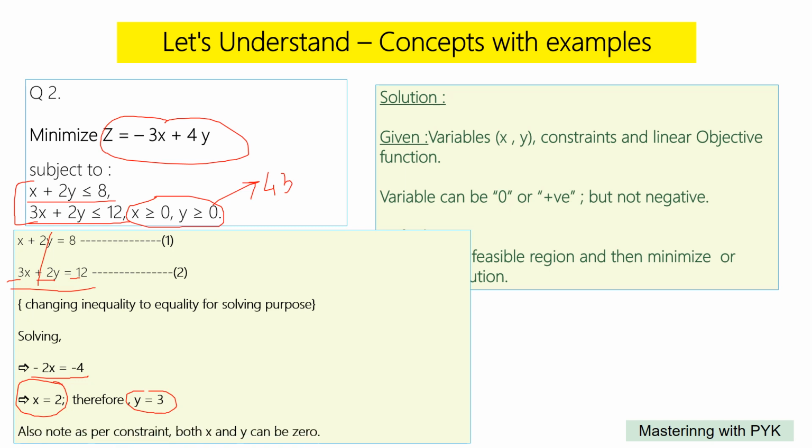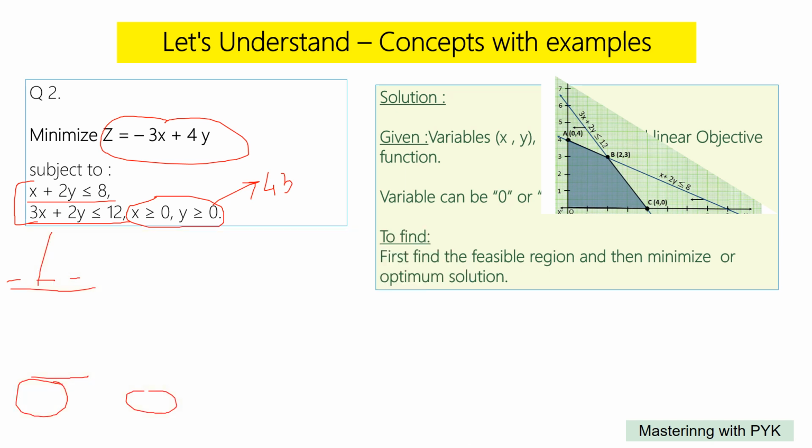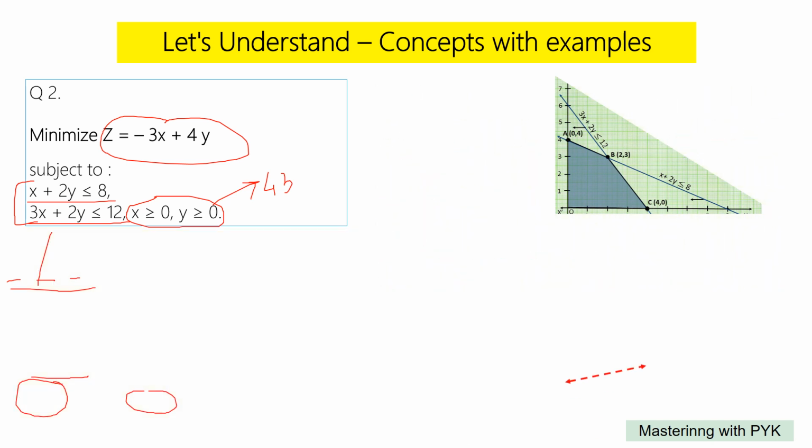Also note, we can have both the values as 0. So this is the equation which we get: 3x + 2y is less than or equal to 12. So when we put the values, we will be getting 3 points. Why 3 points?